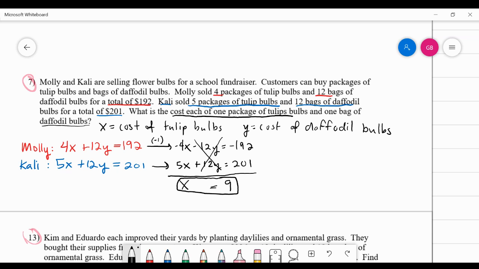And now I need to find y by plugging the 9 into one of the equations. I'll plug it into the top one. So 4 times 9 plus 12y is equal to 182.